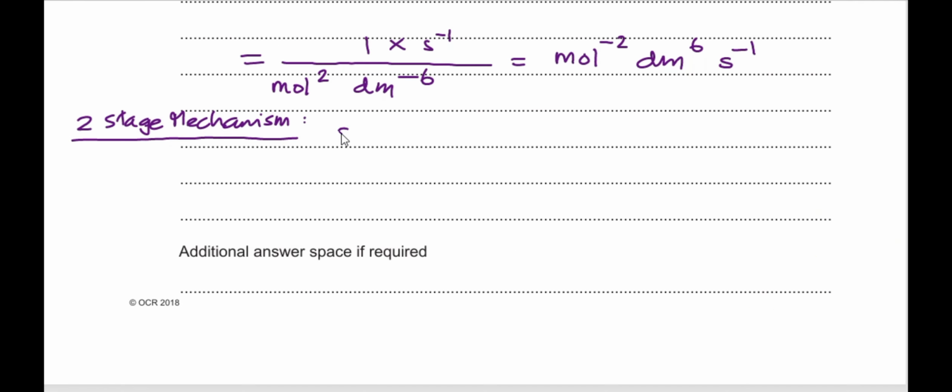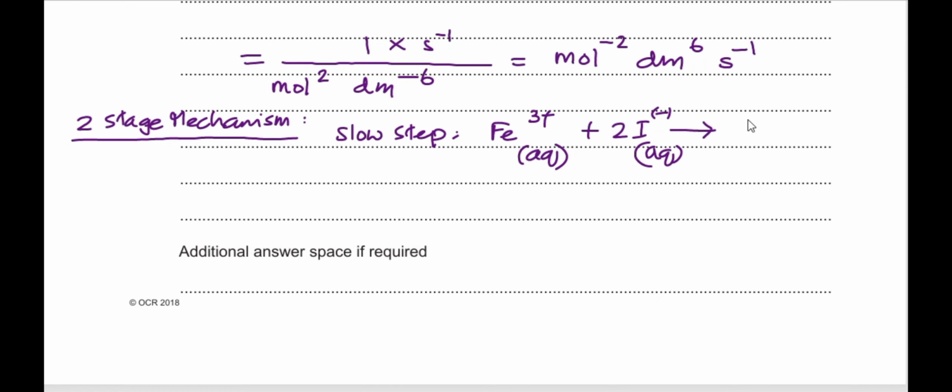So let's write here slow step, wherein Fe3+ aqueous reacts with two iodide ions aqueous, giving an unstable intermediary Fe(I2)+ aqueous.